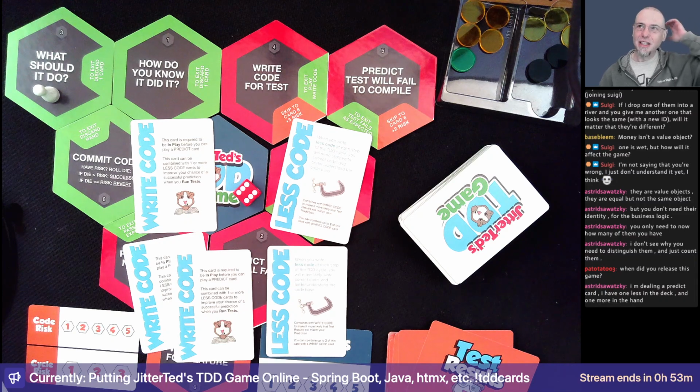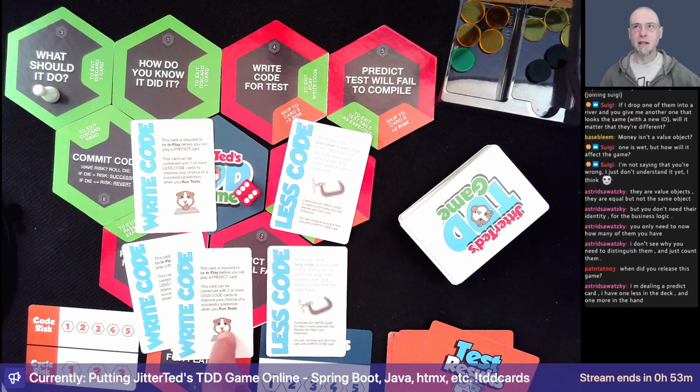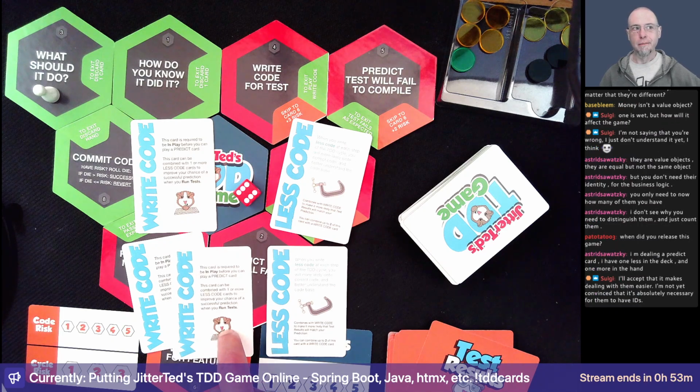But then it's just harder, right? Because it's like, I want to discard this right code card. I could just say, okay, that just means discard any right code card. Yeah, but it's easier if I just say discard one with an identifier.